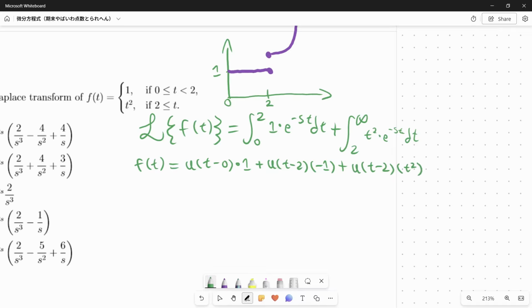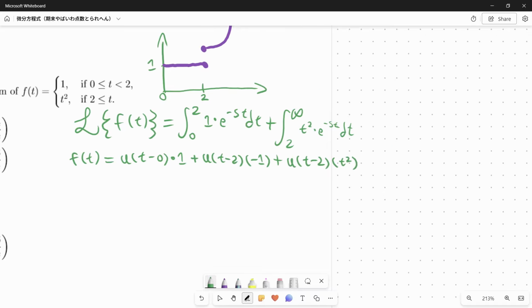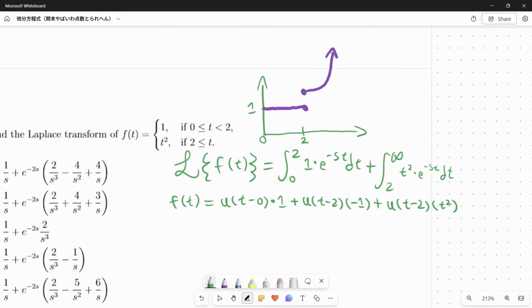Similarly, if we had a third part of the piecewise function beyond this term, then when this turns off, let me put in a hypothetical. Let's say we had a third case where f of t is defined as t cubed beyond 5.